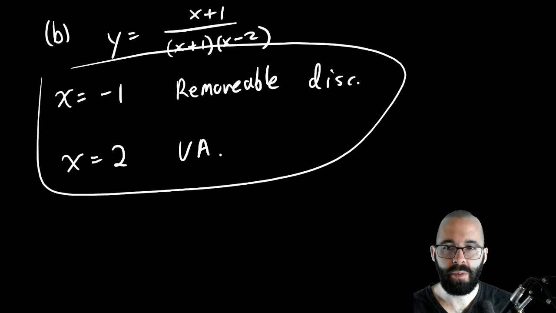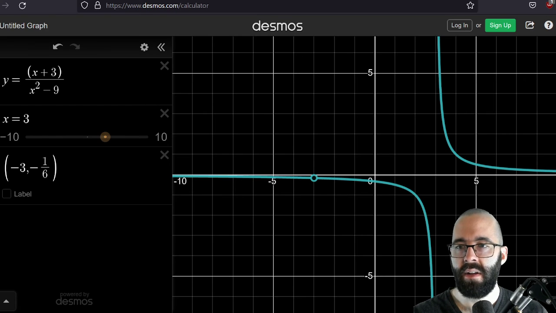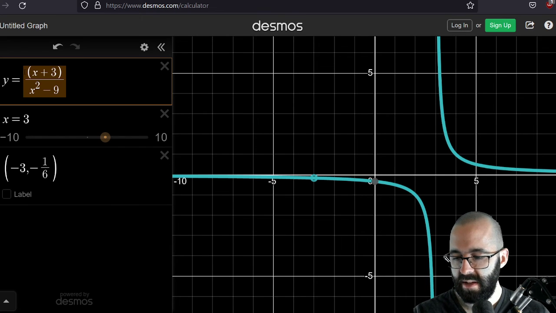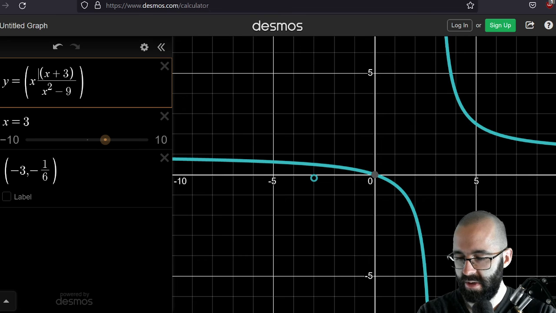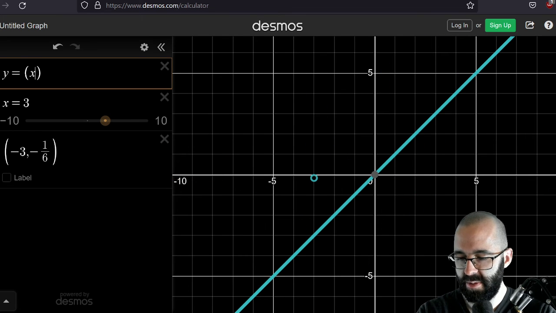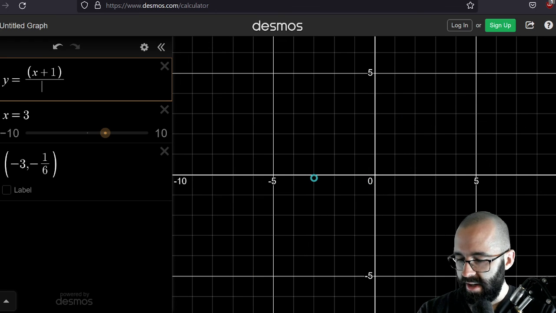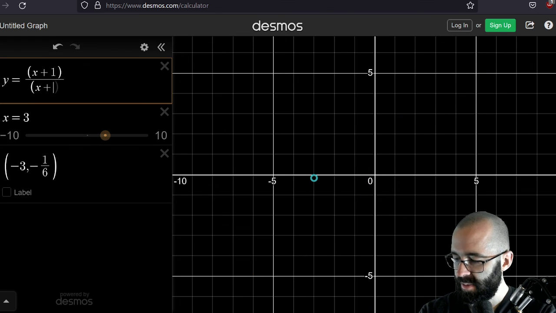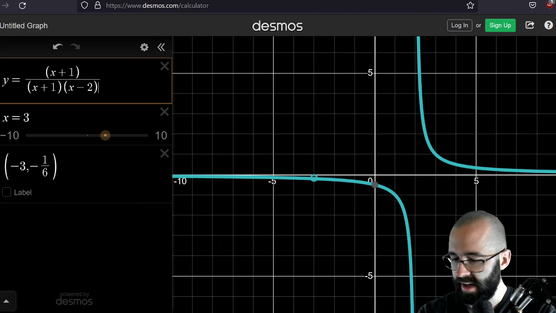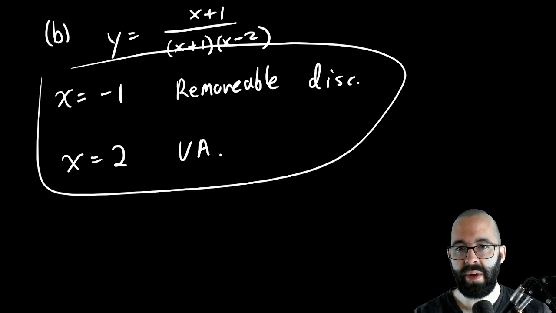Let's check our answer for part B. All right. So part B is looking at the function. Whoa, I hate it. I do not like it when Desmos does that. It's going to be x plus 1 divided by x plus 1, x minus 2. There should be, let's check, see what we have. Should be a removable discontinuity at -1.